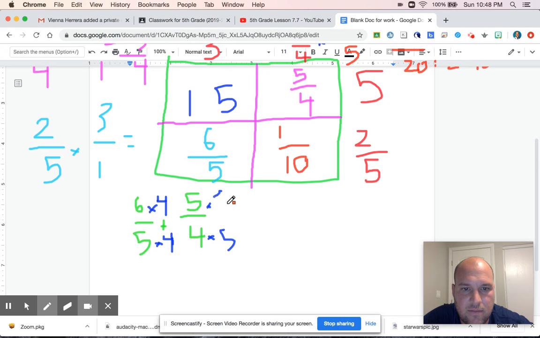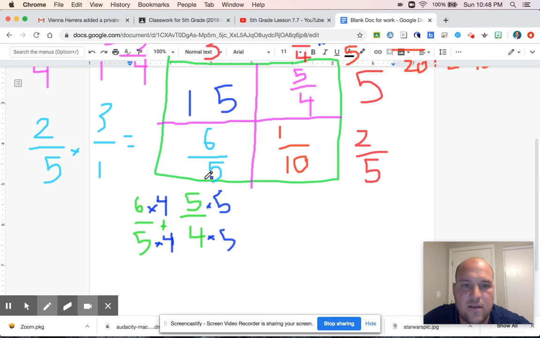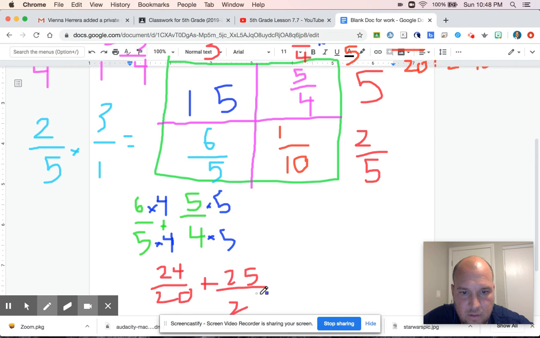So what are my two new fractions? I'm adding these two together, okay? Two new fractions are 6 times 4 is 24 over 20 plus 5 times 5, 25 over 20. Okay, I'm going to add those, 25 and 24.